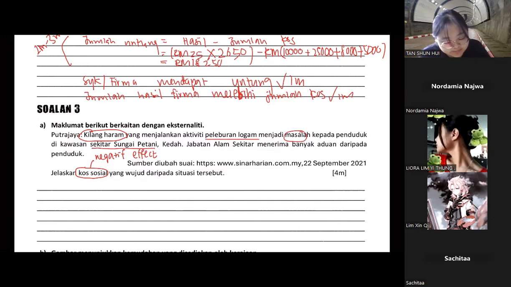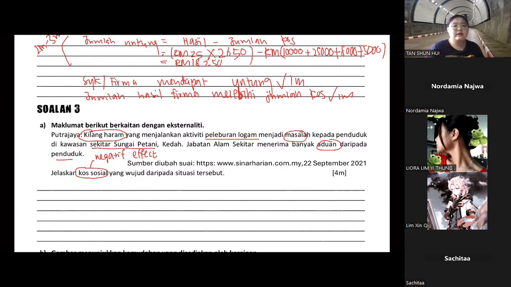Okay, so jabatan alam sekitar menerima banyak aduan daripada penduduk, complaints. So what is the negative effect where this illegal kilang does peleburan logam?